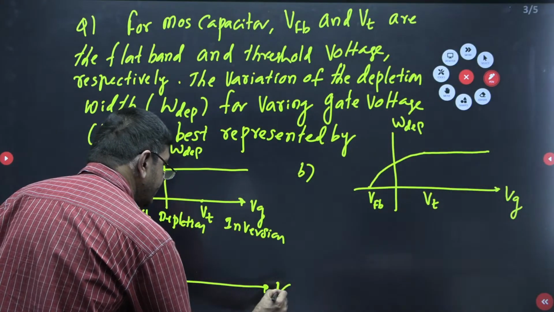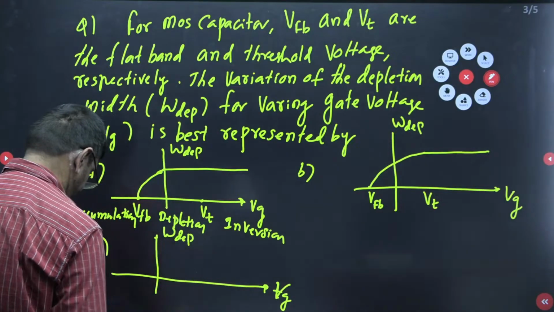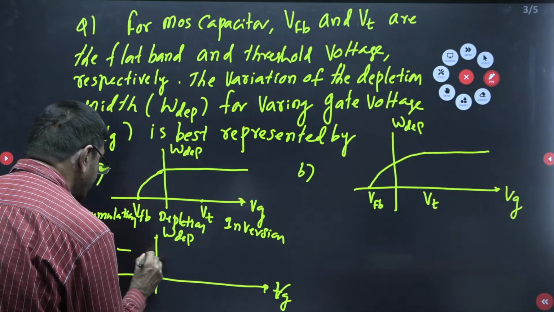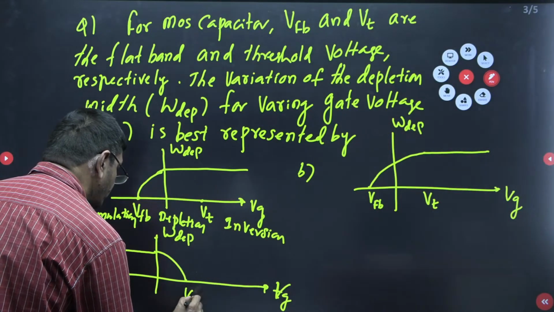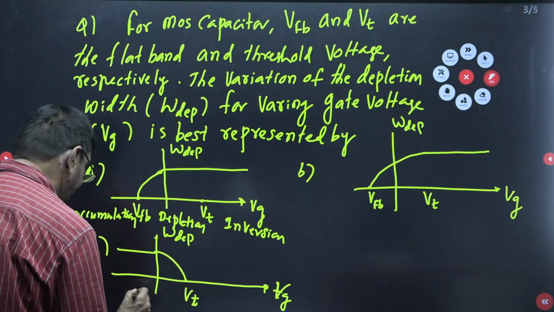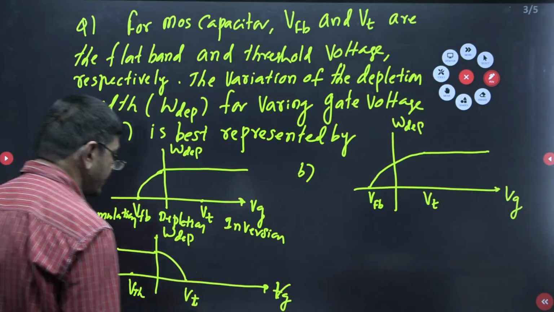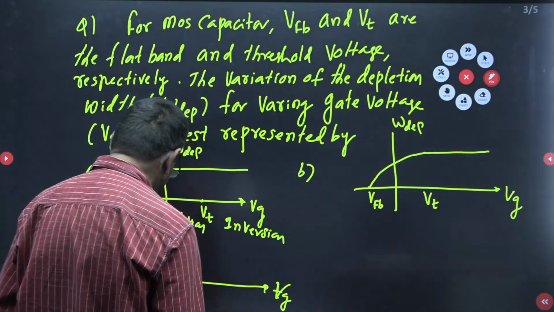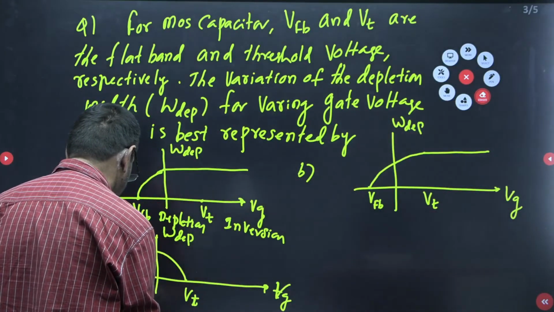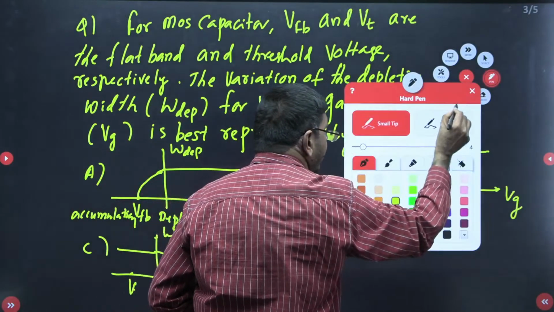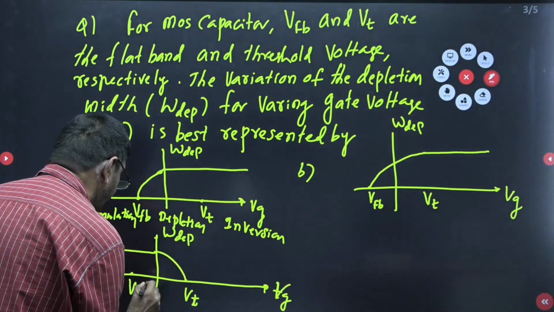This is VG, the gate voltage, and W_DEP. The diagram is given like this. This is a VT value and this is VTH, sorry, VFB. This is given as VFB.